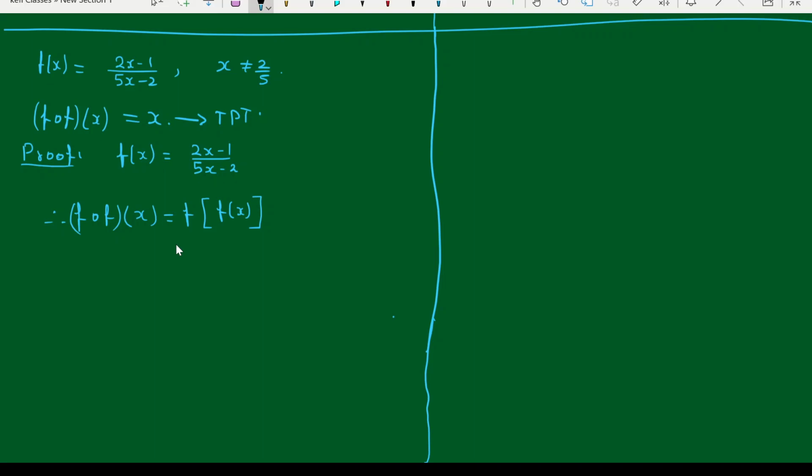So this is going to be equal to f of x is 2x minus 1 upon 5x minus 2. Now pay attention.